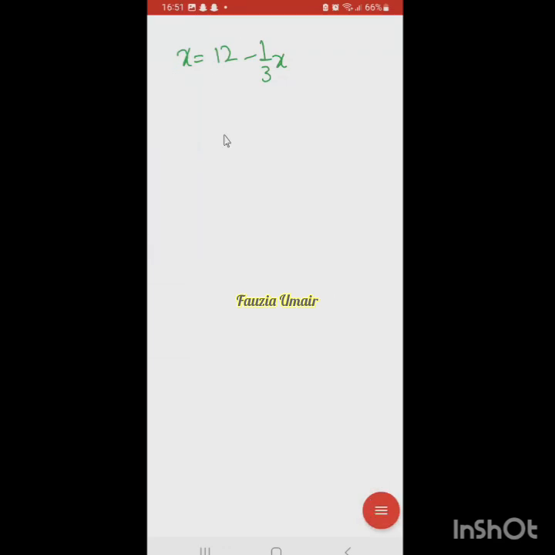There are 3 terms. Because x should be on the left side of the equation, we will take it to the other side. So this will be x plus 1 by 3x is equal to 12.